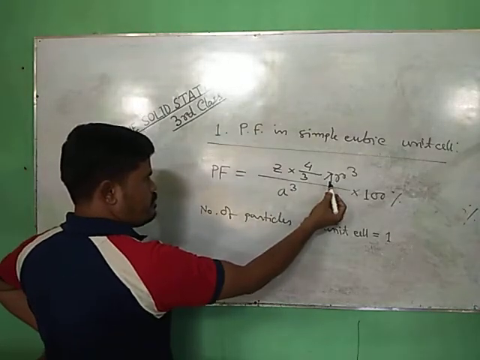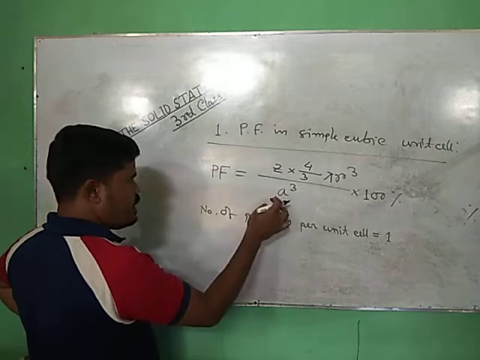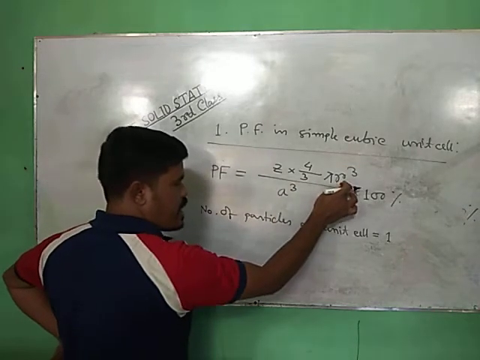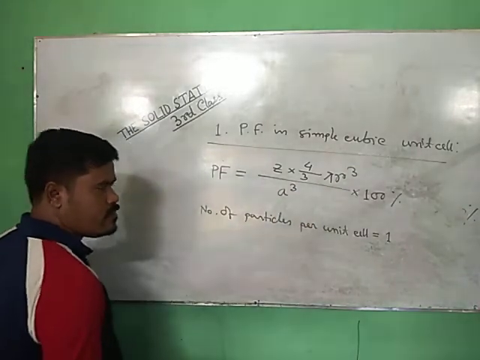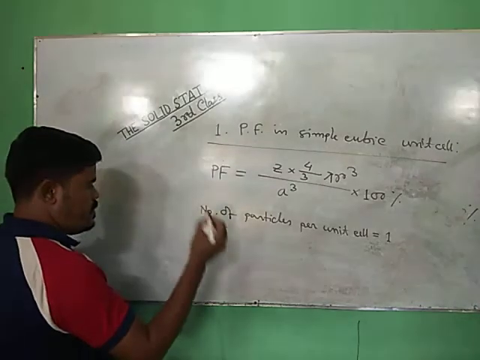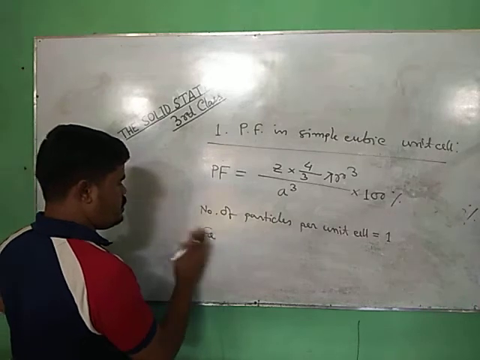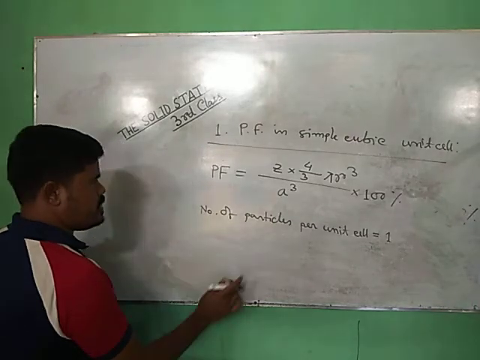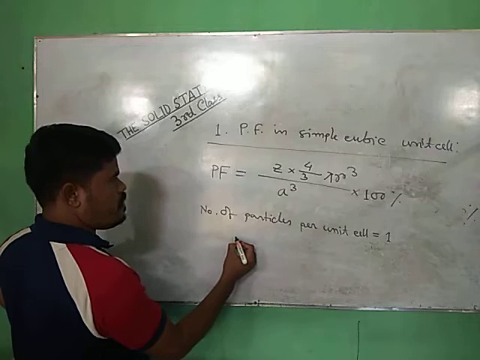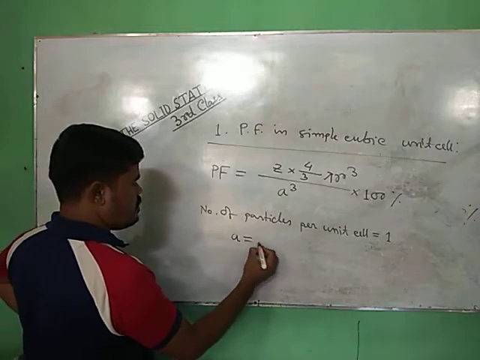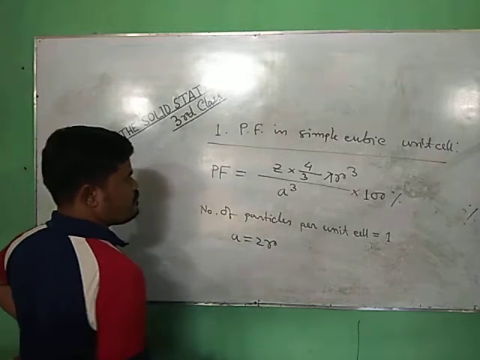Next, pi r cube and a. Again we can express a in terms of r, which will automatically cancel out. In the previous class, for the simple cubic unit cell, we found the relation a is equal to twice r.